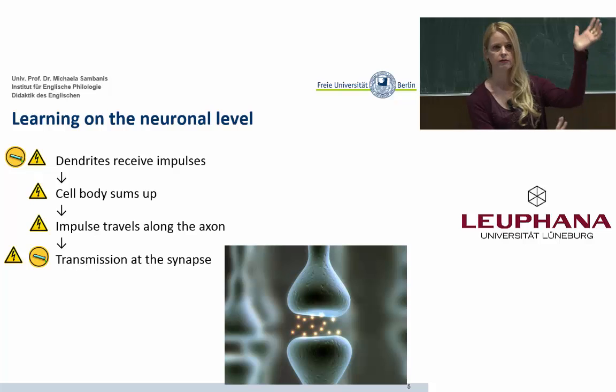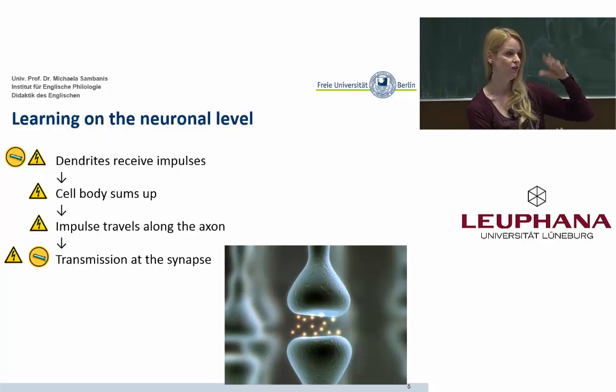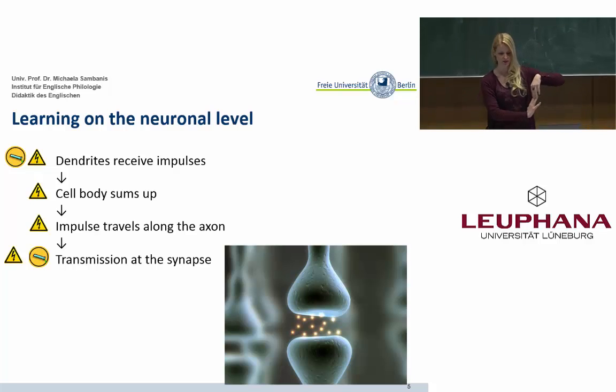And then on the neighboring neuron, this is the presynaptic neuron and this is the postsynaptic neuron, they bind on, so to speak, the docking stations on, again, the dendrites. Next impulse receiving structures.